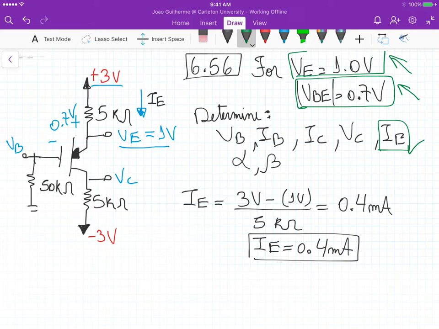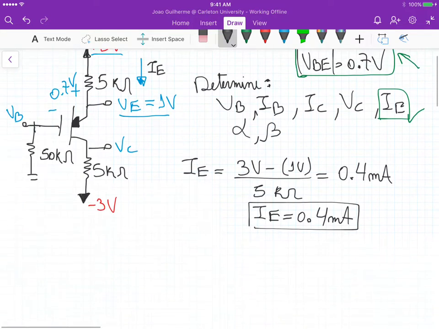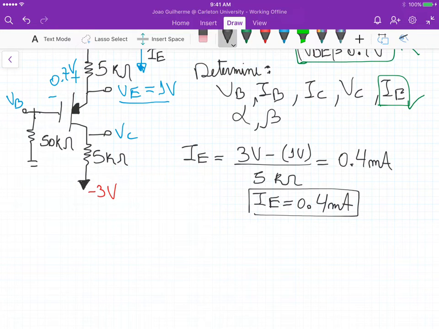Now, because we know that VBE is equal to minus 0.7 volts, VB minus VE is minus 0.7, right? VEB is 0.7, but VBE is minus 0.7 volts.